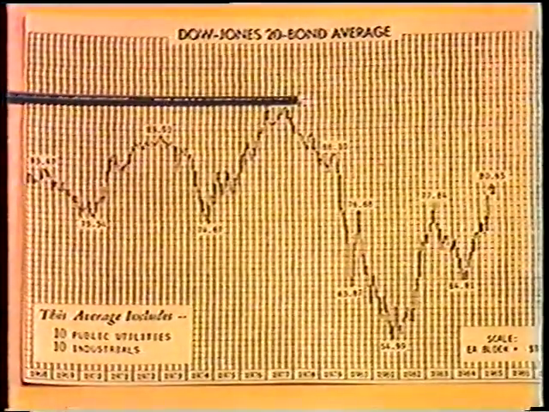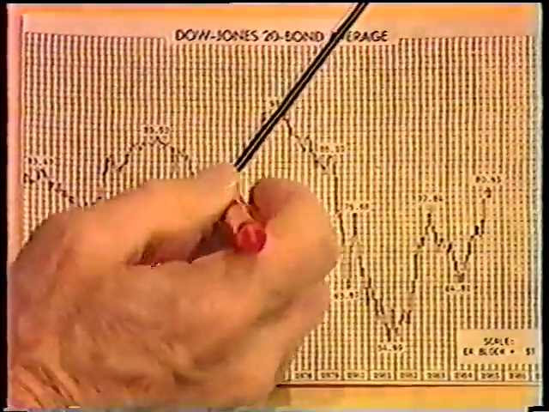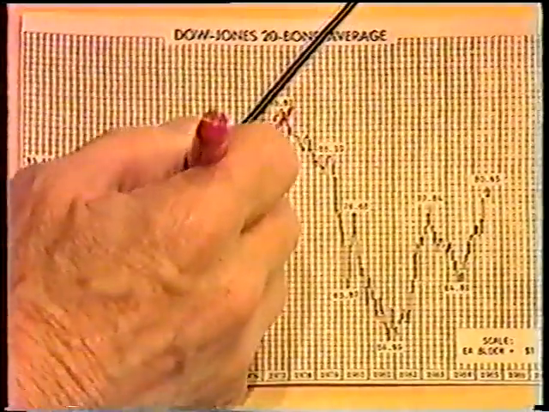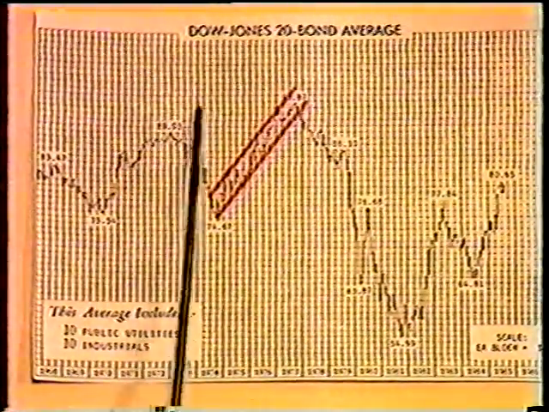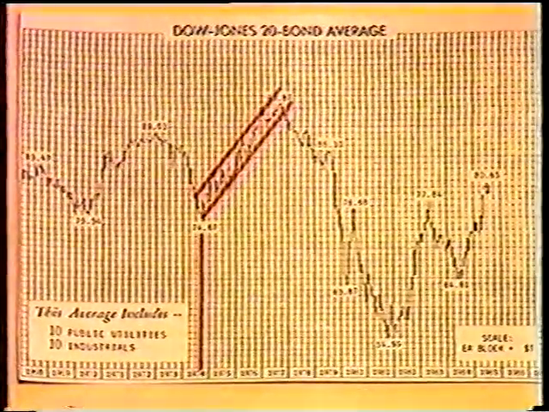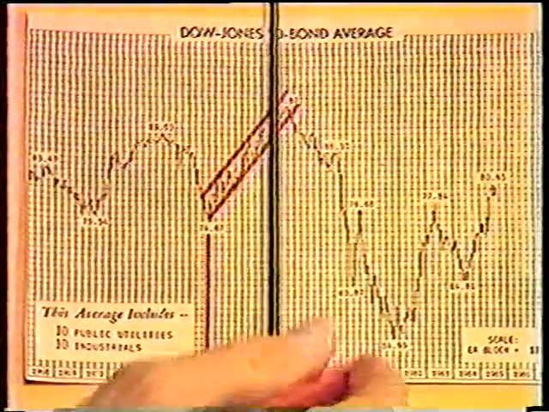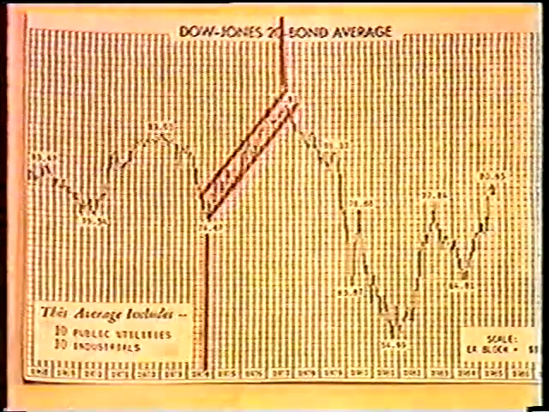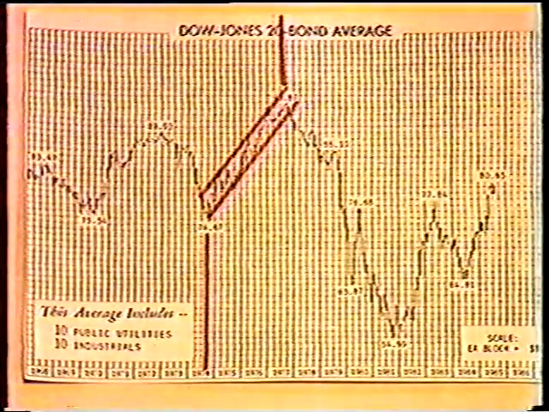Let me remind you that these instruments move in trends just like anything else. There is an ascending trend channel, for example, and that embraced, as an example, a period from the lows of December of 1974 to the highs of 1977 of advancing prices and declining yields.